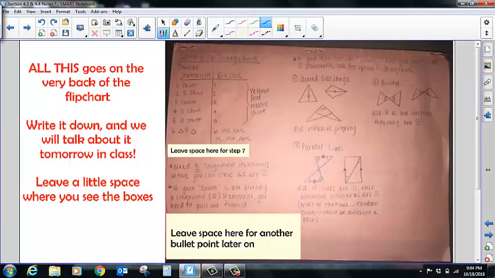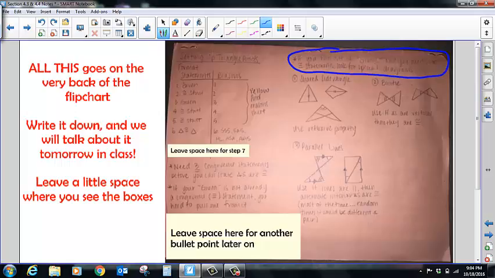All right, so copy all of this down. As you guys can see, there's a couple of little boxes there that I put on top of the flip chart. That is for stuff that we're going to add to this later. So leave some space on the back side so that we can fill in information underneath those boxes. The other thing too is up here.